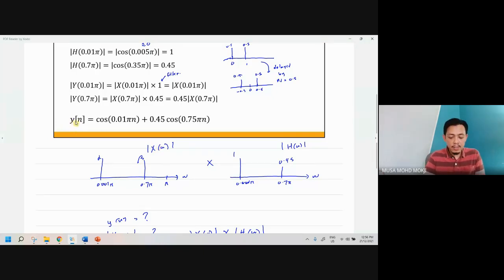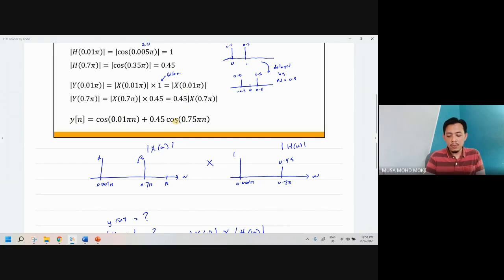So now we can say that our y[n] is equal to this thing. The first one doesn't change a bit because this is the same signal. But the second one should be multiplied by 0.45. So this is reduced. Instead of the original amplitude being 1, now the amplitude becomes 0.45, so less than half. We preserve this one and we reduce this one.